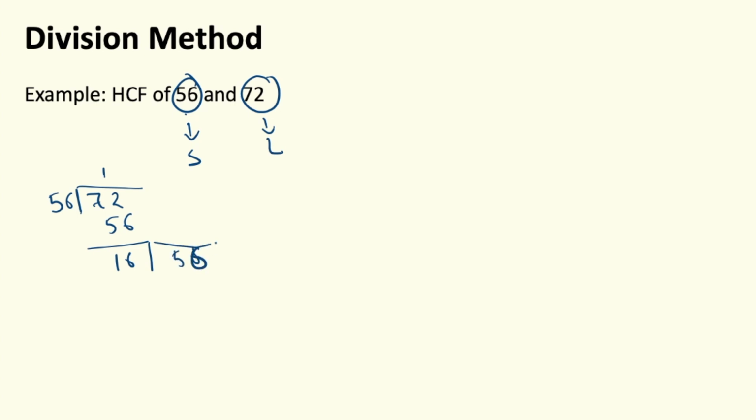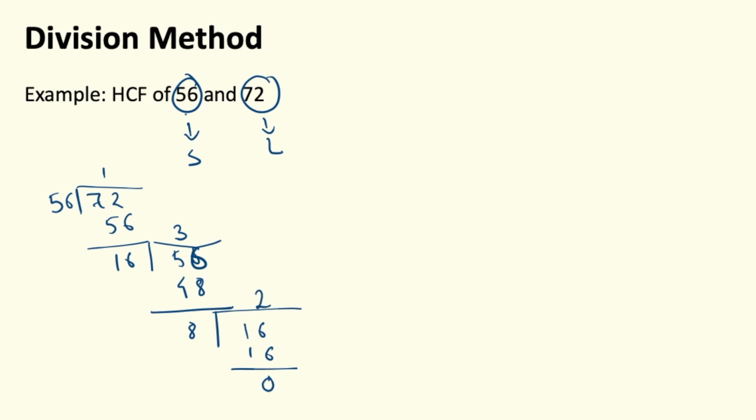This is 56 by 16, and I will get the result as quotient 3 and remainder 8. Now between 16 and 8, 16 is larger, and I will divide 16 by 8, where I will get the remainder as 0 and quotient as 2.